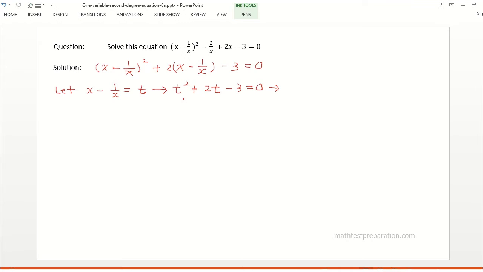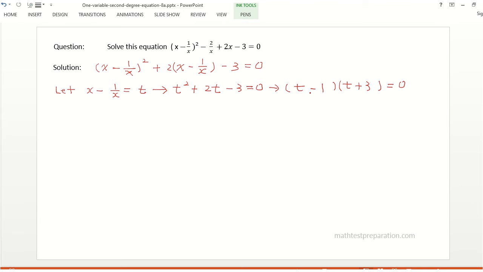Now we factor the left side of the equation. The constant term is negative 3. The t has a coefficient 2, so here is plus 3, here is subtract 1.